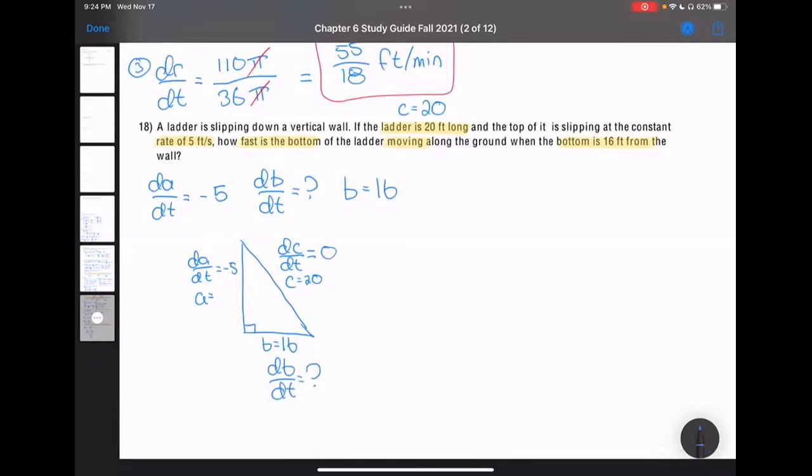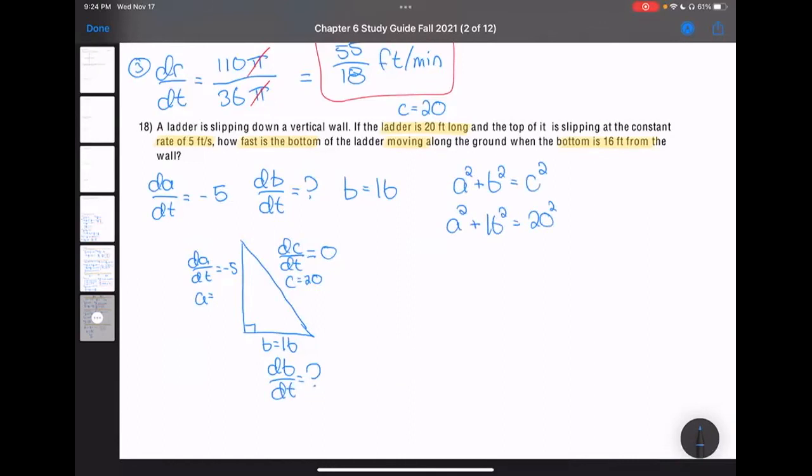Okay, so first let's figure out what A is. So this is going to be using the Pythagorean theorem. Pythagorean theorem says A squared plus B squared equals C squared. We know some of these values already. So it's 20 squared, 16 squared plus A squared.